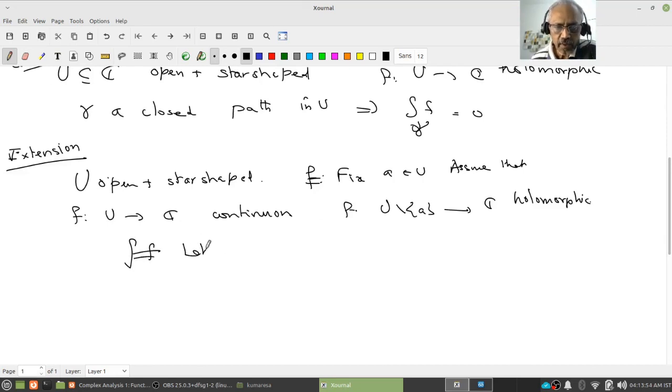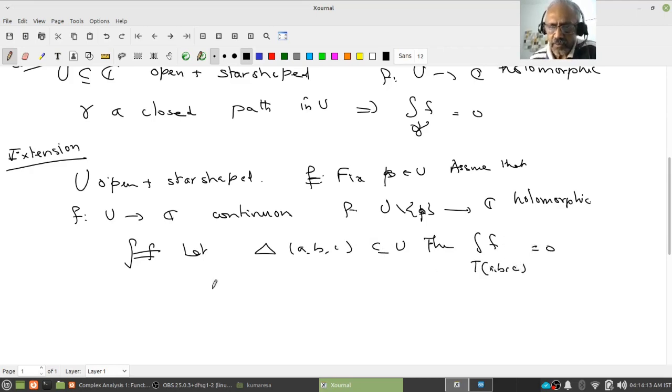Let us make the point p. So let delta ABC be a triangle in U, then the integral of f over T is 0, where T is the boundary of the triangle, that is the path AB plus BC plus CA.